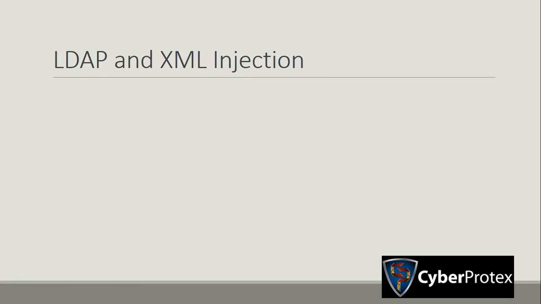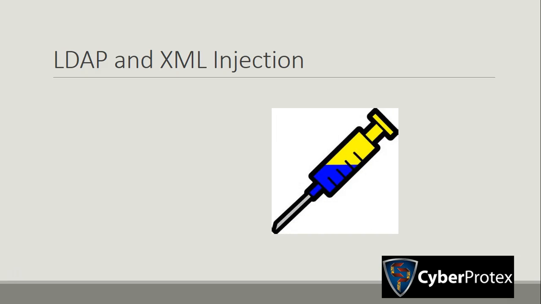LDAP and XML injections work in pretty much the same way that an SQL injection does. LDAP is the Lightweight Directory Access Protocol, and XML is the Extensible Markup Language. Essentially, all you need to know here is that there are two different types of languages that attackers can use to the same purpose as the SQL injection.